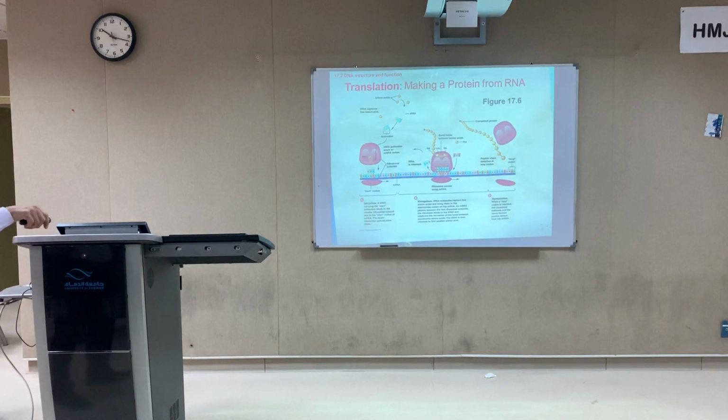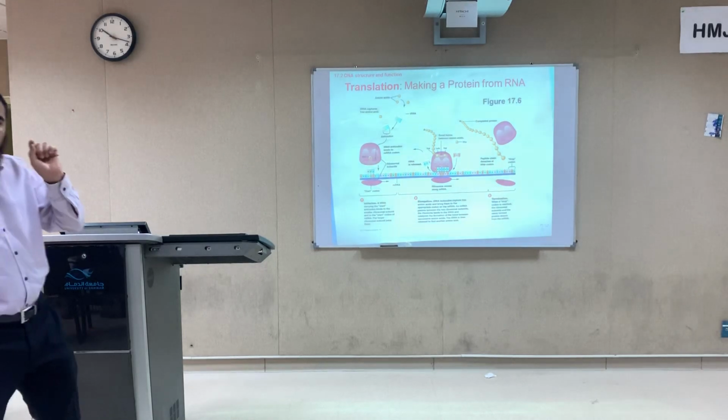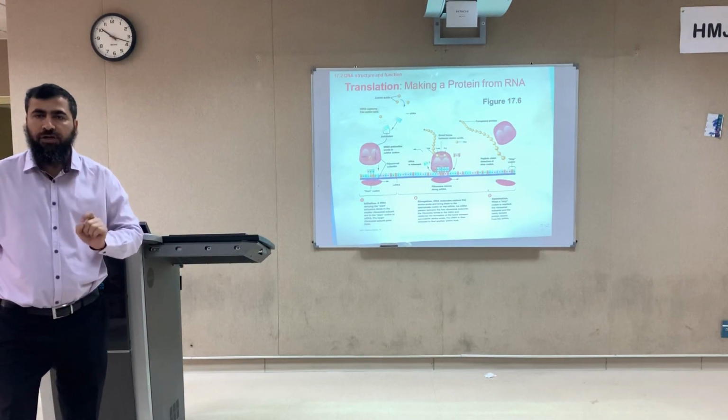If you have a look at the initiation first, what happens is that the small subunit of the ribosome first attaches to the mRNA together with what we call the first tRNA. Remember the first AUG, the start of the protein? Yes.